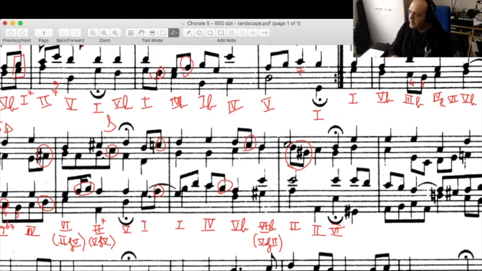You see, I'm expecting G major, but instead I have, and that's the diversion. That's the diversion, and that's all I need.